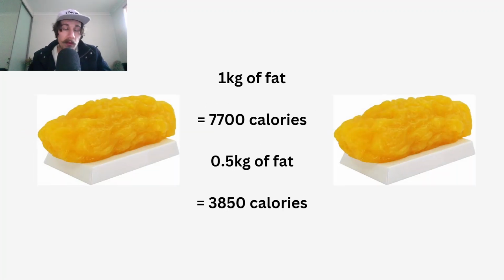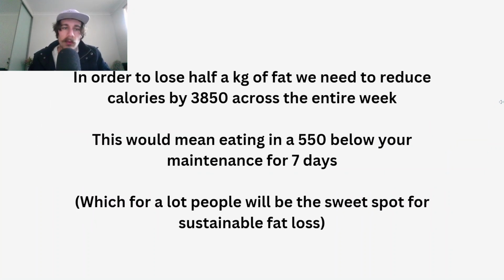Now, we know that 1 kilo of fat is 7,700 calories. So half of that is 3,850 calories. Now, in order to lose half a kilo of fat per week, we would need to reduce calories by 3,850.